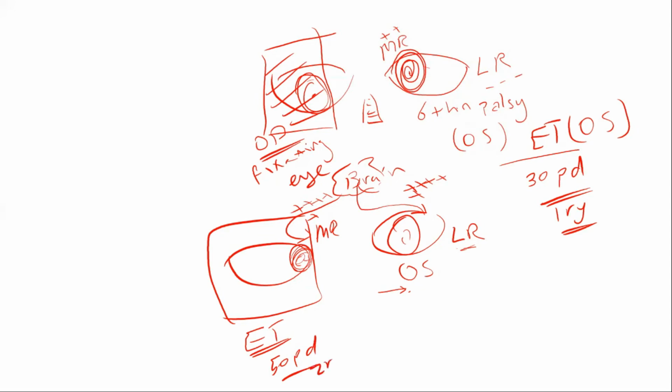And this is called the secondary angle. When you have a paralytic squint, we have the primary angle if the squint is shown in the affected eye. But if this eye takes the fixation, the other normal eye will show the secondary angle of deviation, and the secondary angle is bigger than the primary angle.